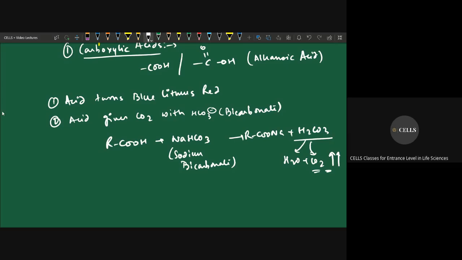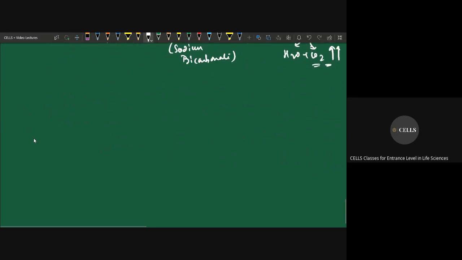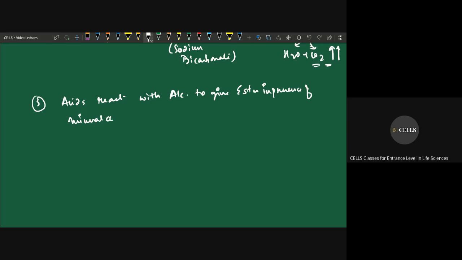Now, third point: acids react with alcohol to give ester. Normally this happens in the presence of a mineral acid.